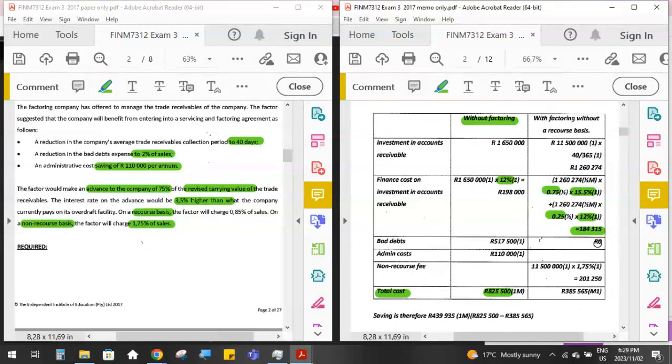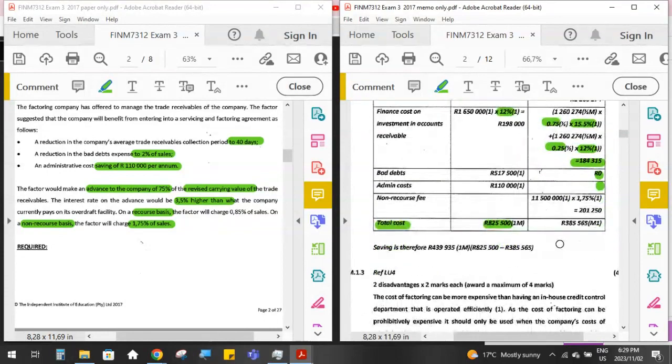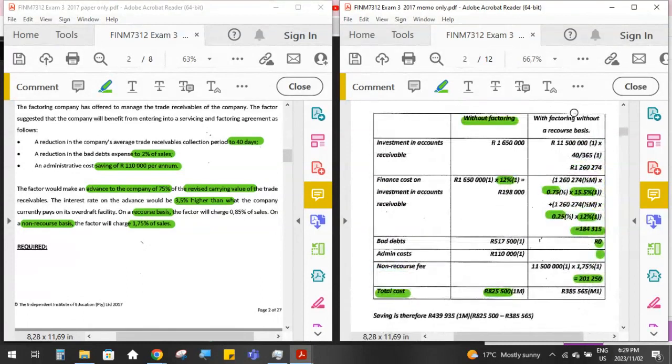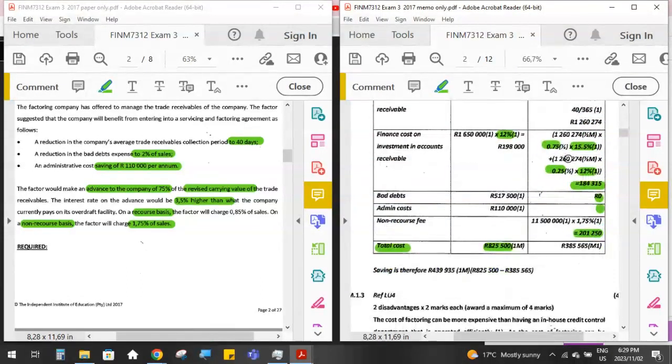My bad debts expense is now going to be null because that disappears. My admin costs are now null because that's disappeared. And I have an additional cost of the factor fee, which is 11.5 times the 1.75% of the 201,250. So on this side, I'm now going to add up my interest cost and my factor fee. And those two add up to 385,565.